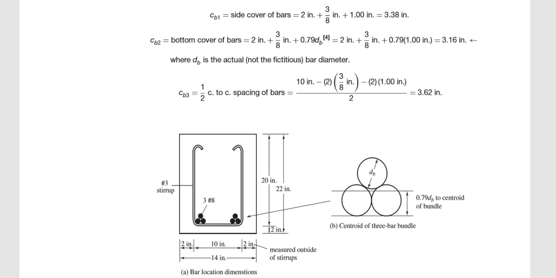That is 2 inch plus this tie plus the centroid from here to here, so 0.79 times the bar diameter. They did the same thing: 2 inch, tie, then the vertical centroid, 0.79 times db. Now this value is given in this problem, otherwise you will have to calculate it.